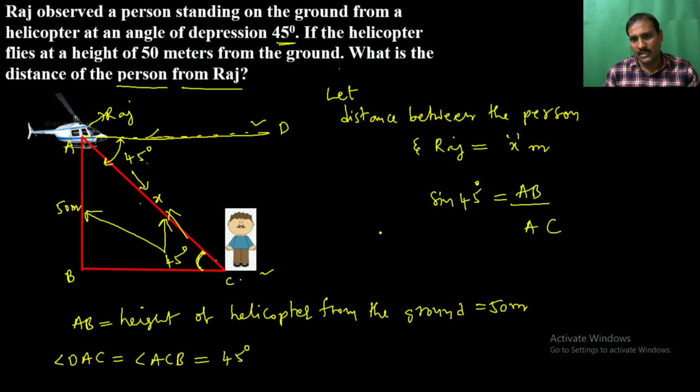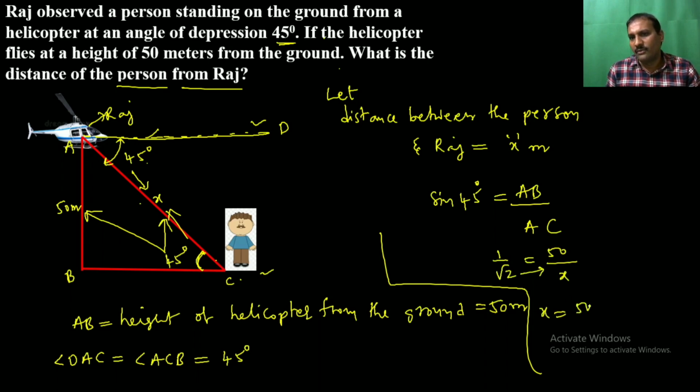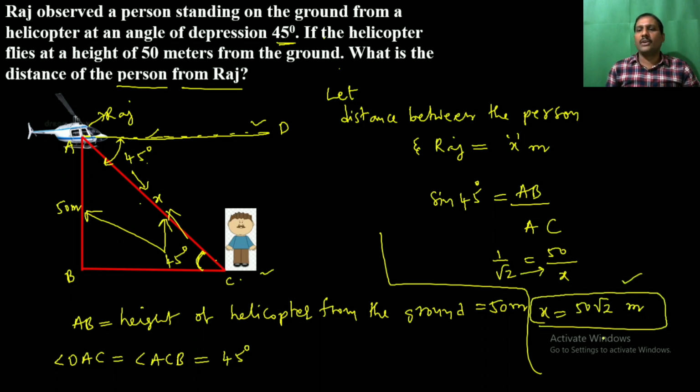Sine 45 is 1 by root 2, which is equal to AB, that is 50, by AC, which we have to find. By cross multiplying you will get x is equal to 50 root 2 meters. So what is the distance between Raj and the person? 50 root 2 meters. Okay. Next problem.